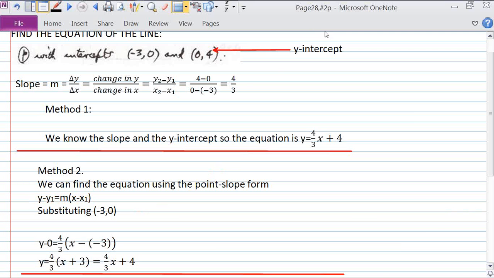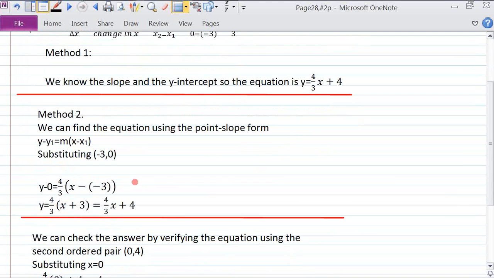We know what the slope is, so we know m, and we know a point, and we put that into the point slope form. m is 4/3, as we've calculated. x1 is minus 3, so instead of x1 we put minus 3.